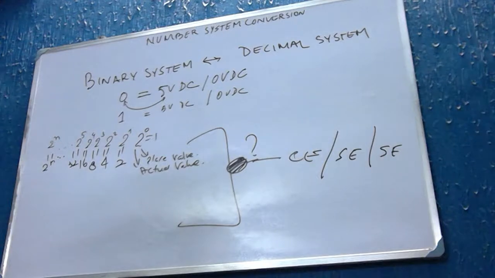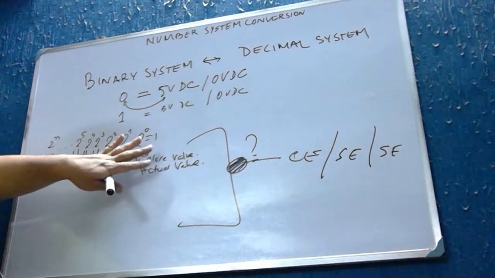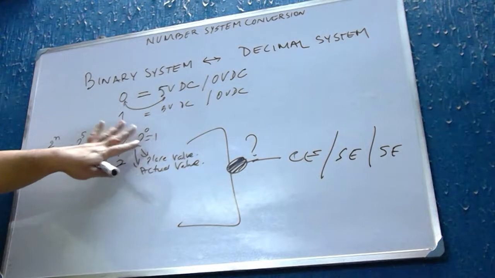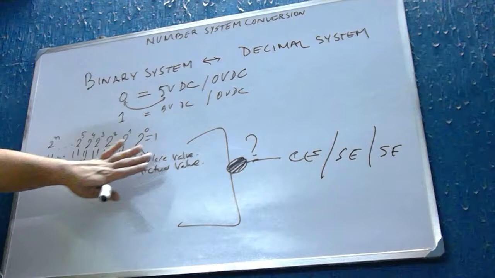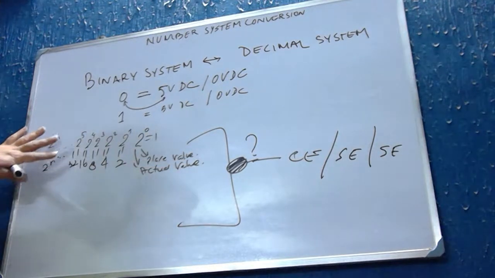If you study properly, you will understand that 2 to the power of any number is basically getting multiplied over here, right?